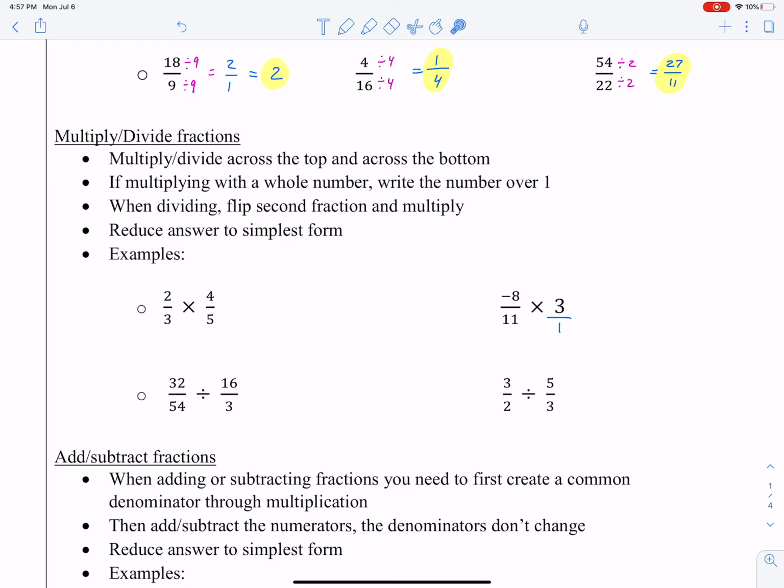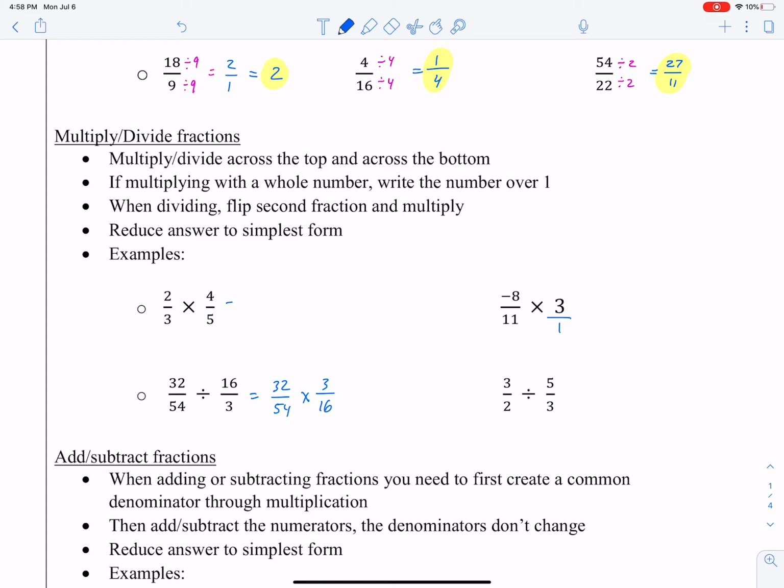If we're dividing, we flip our second fraction and then multiply. So here, instead of trying to divide 32 by 16, we're going to flip this one upside down, like this, and we get 32 over 54 times 3 over 16. So you never actually have to divide, you're always multiplying. We always reduce our answer to the simplest form.